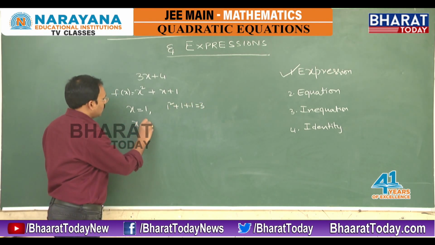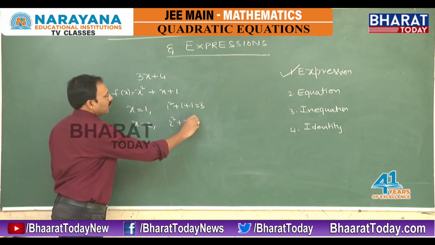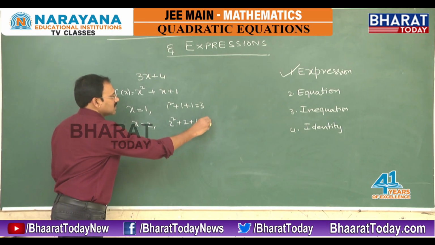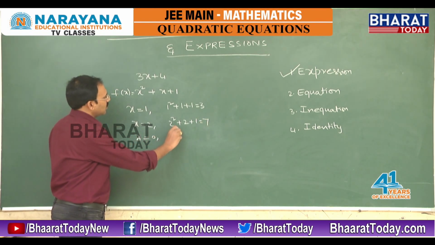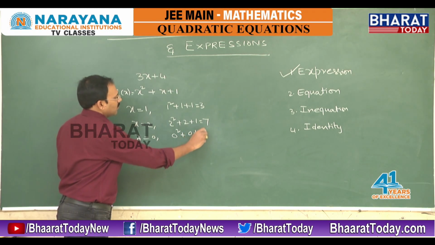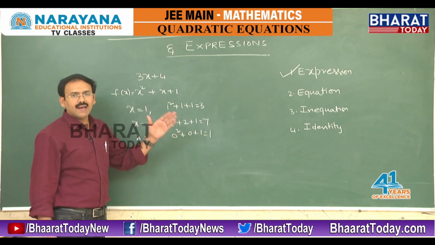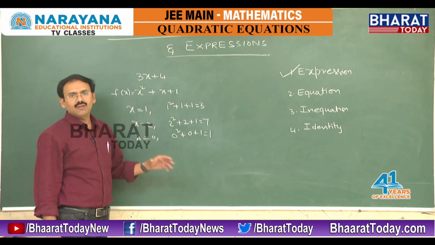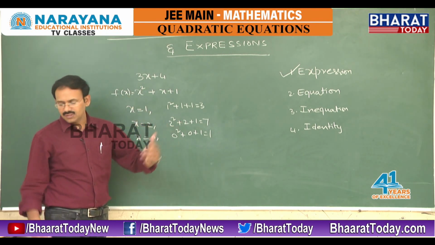When x is equal to 2, it is 2 square plus 2 plus 1, which is 7. When x is 0, it is 0 square plus 0 plus 1, which is 1. That means an expression is like a function where we give some input, we will get the outputs.